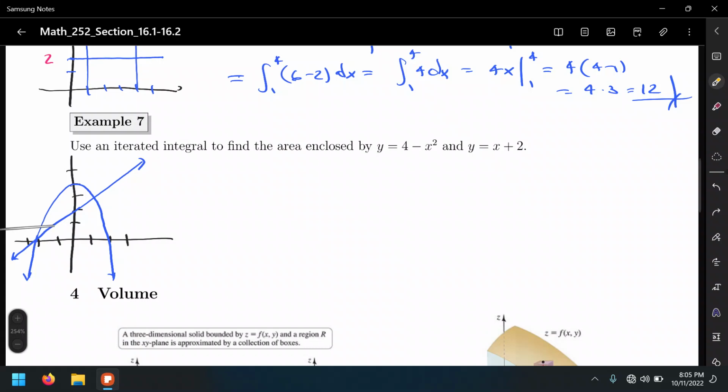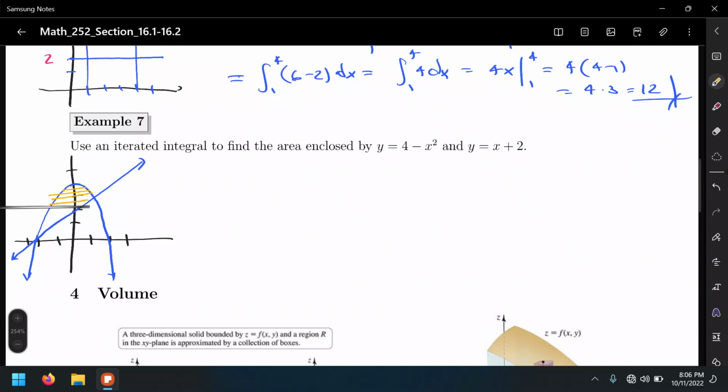Now, let's check if it is horizontally simple. Well, for this part right here, the rightmost part is part of the parabola, and the leftmost part is still itself the parabola. Same over here. Same over here. However, what happens here?